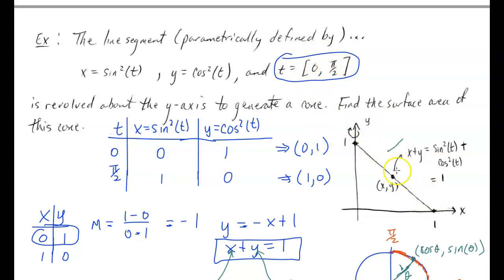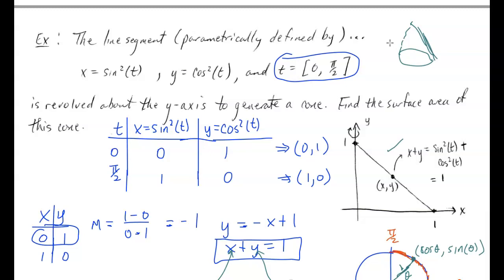Of course, parametrically, it just looks like this line. And if we take this line and rotate it about the x-axis, then think about we're taking this shape here and we're rotating it. So what it's going to look like is basically a cone.